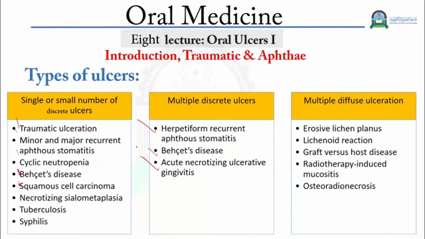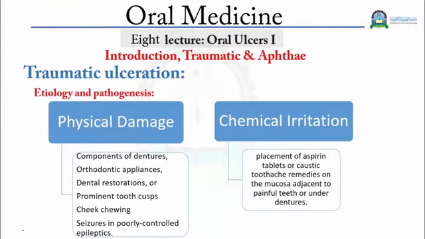Multiple diffuse ulcerations can be found in erosive lichen planus, lichenoid reaction, and vesiculobullous lesions; graft versus host disease, which is an immune related disease due to grafting from another site; radiotherapy or radiation induced mucositis; and osteoradionecrosis can also manifest in the oral cavity as diffuse oral ulcers.